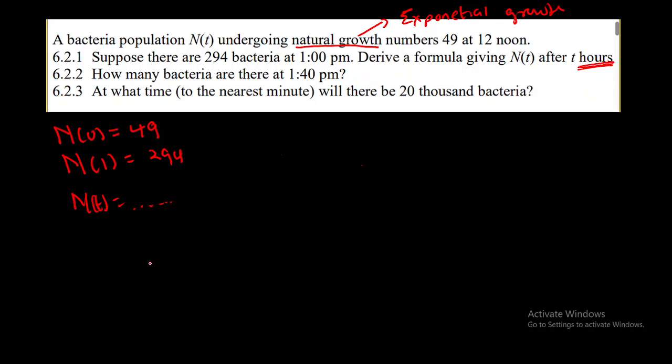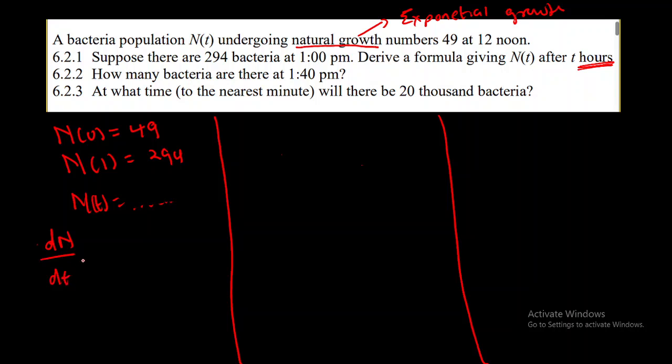So let's start. We have a natural growth. What does natural growth mean? It implies we're dealing with what we call exponential growth. So the first thing we're going to write is our formula, dN over dt, which is equal to kN.